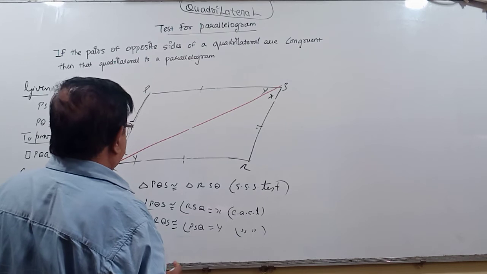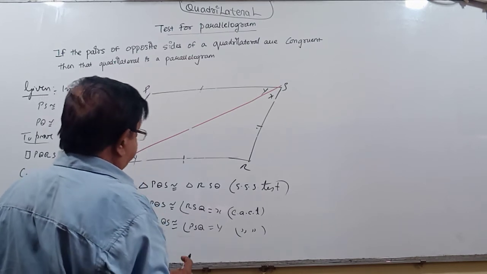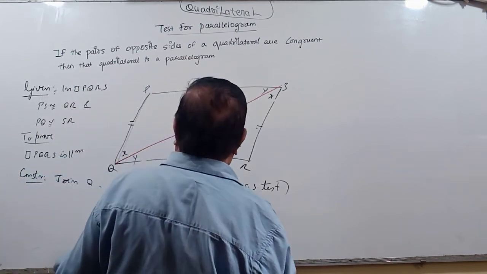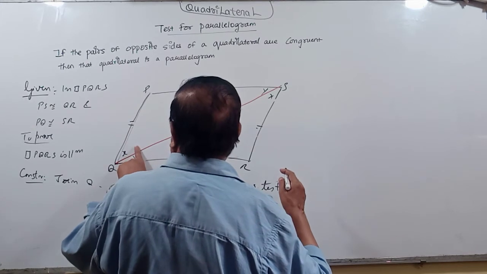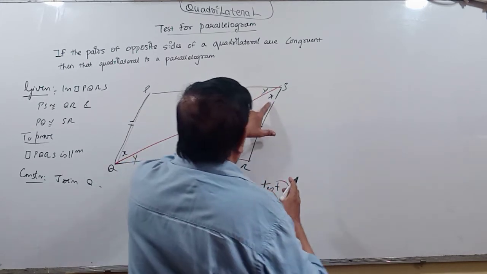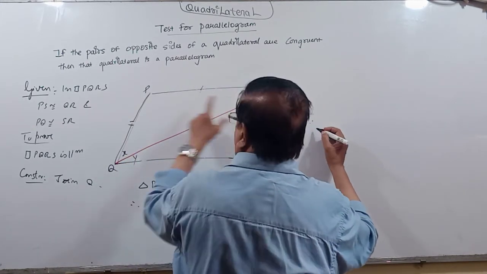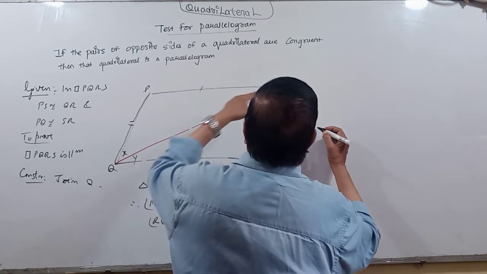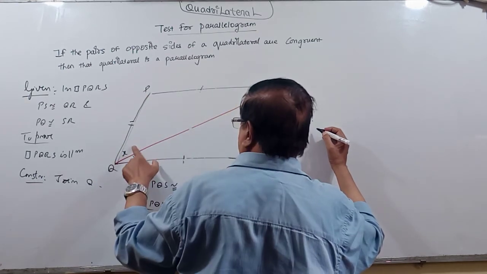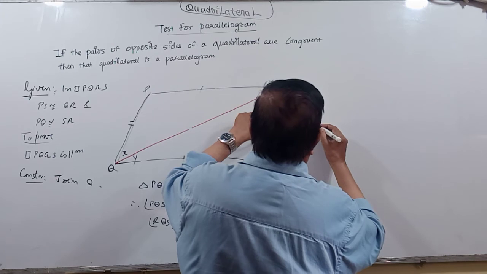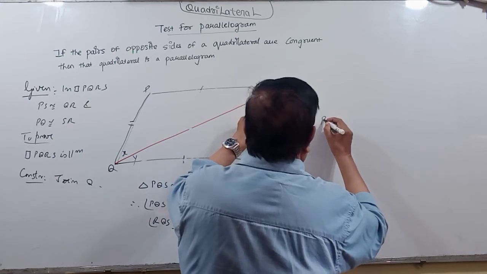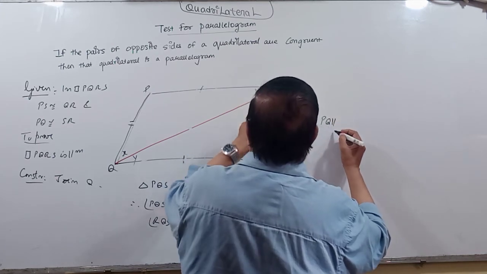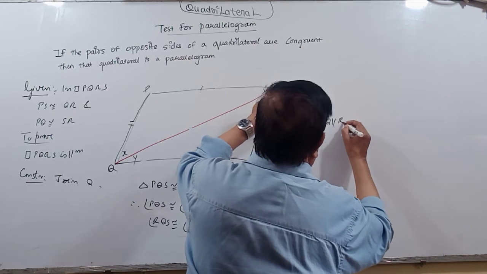Therefore, now this is congruent to this, that means angle PQS is congruent to angle RSQ, therefore PQ is parallel to RS.